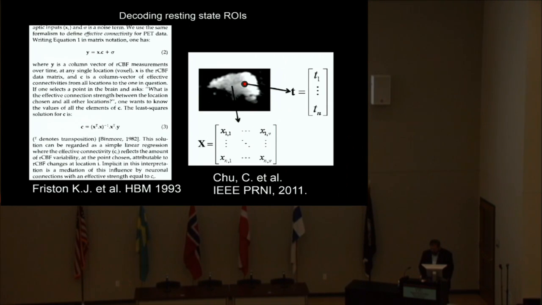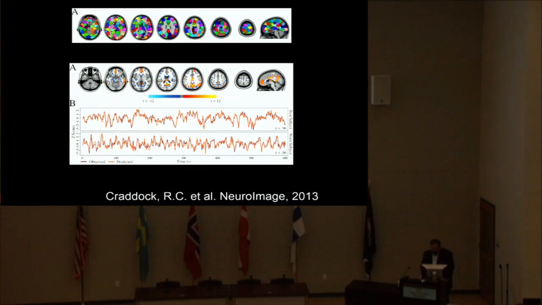So we actually set out to characterize how well this could be done, and a former postdoc in my laboratory, Cameron Craddock, came into my lab already having developed a parcellated atlas of the brain, and so we applied that. In this case, we wanted to track posterior cingulate, and these are the multivariate weights that help us reconstruct these images.